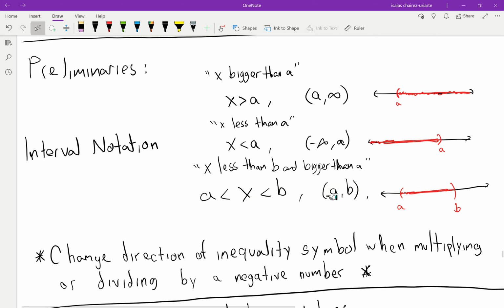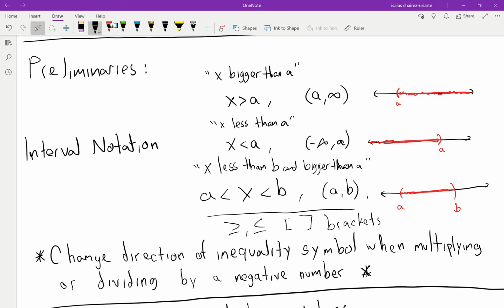Remember that there's also brackets. So if we are dealing with bigger than or equal, less than or equal, those require brackets. So just be aware of interval notation. We're going to be needing it.